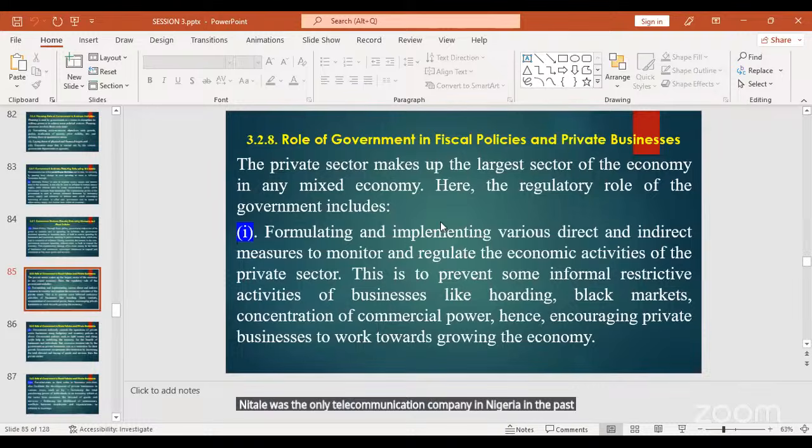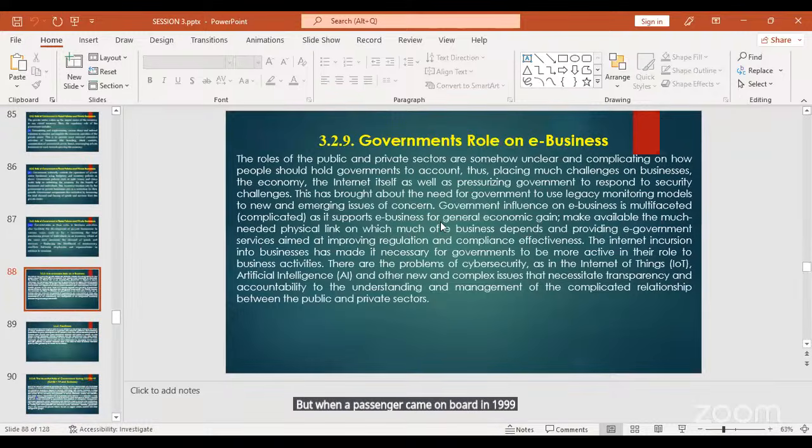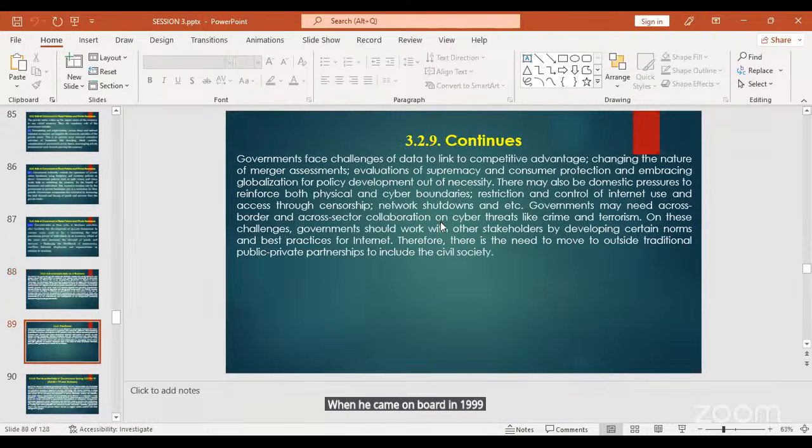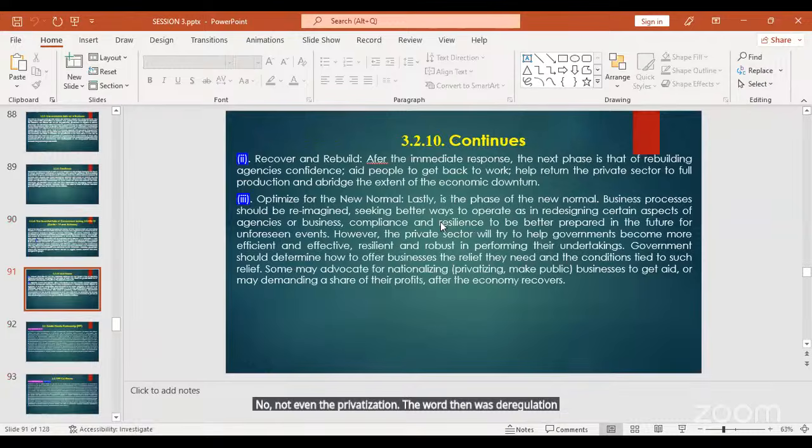But when Obasanjo came on board in 1999, he was able to privatize. No, not even the privatization. The word then was deregulation. The word was what? Deregulation.